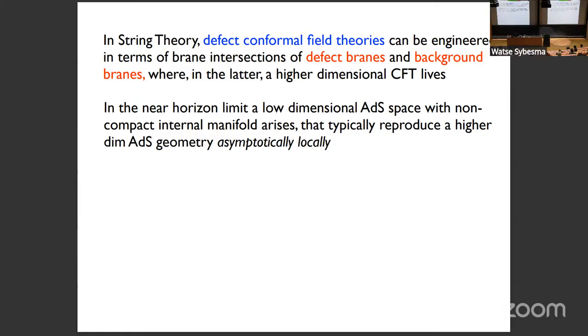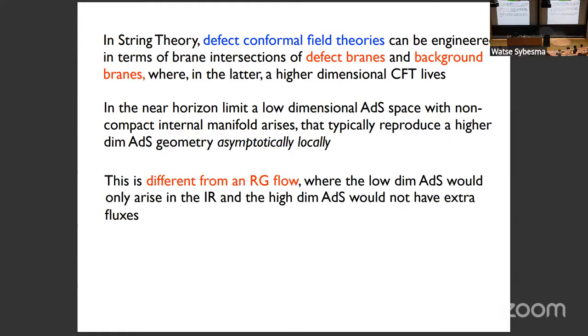Since you are familiar with RG flows, let me say that when you find this higher dimensional AdS space emerging asymptotically, this is different from an RG flow. In an RG flow, you would have a higher dimensional AdS space in the UV and a lower dimensional AdS space in the IR.